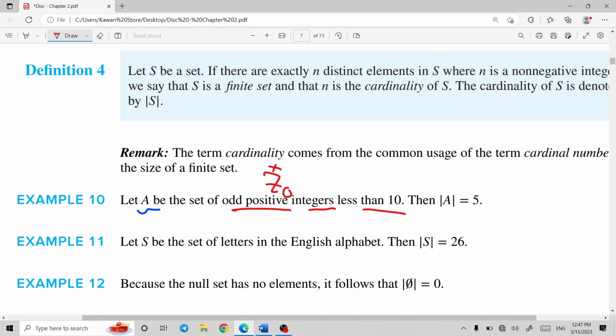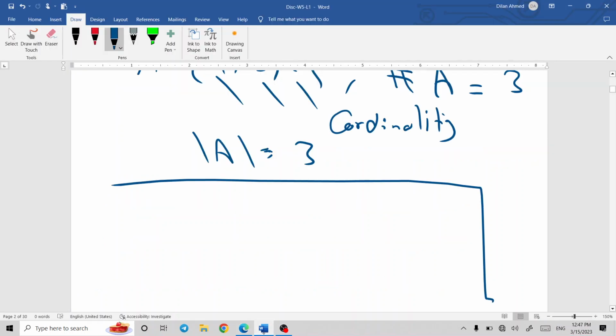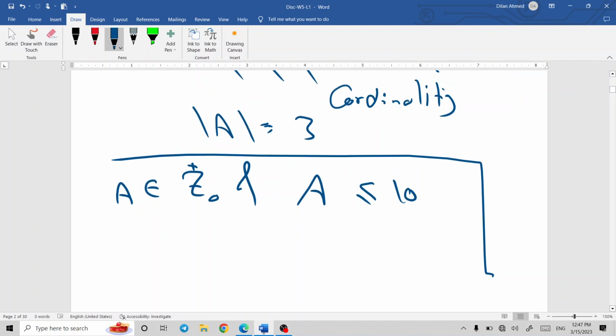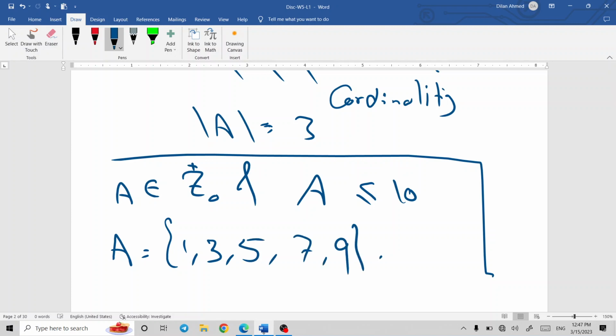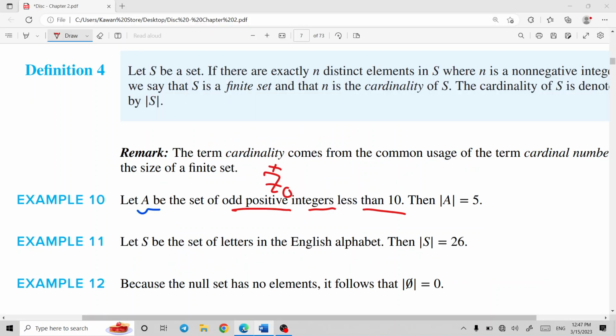Tell me about A. A belongs to Z positive and another condition: A is less than 10. The elements of A, so tell me about the set of A. 1, 3, 5, 7, 9. You are right. So tell me about the cardinality of A. 5. Understood? Now it's clear.